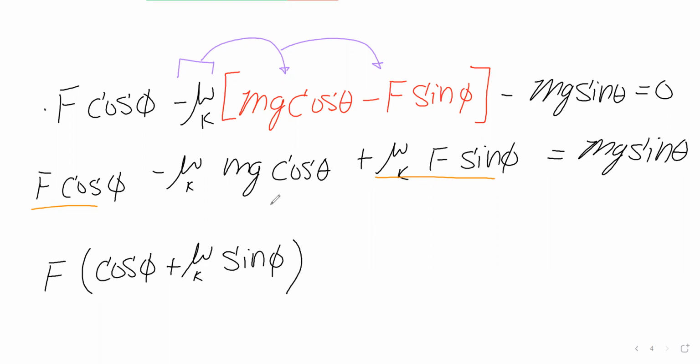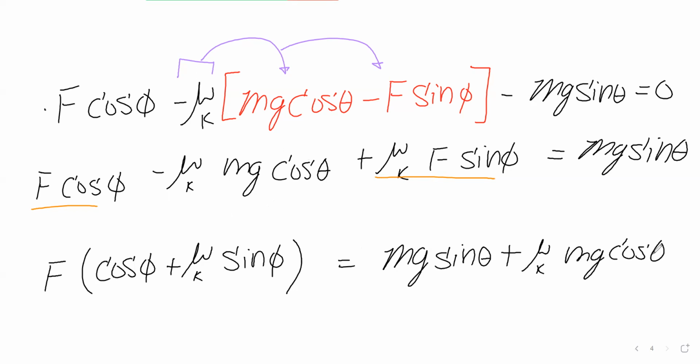And I'm going to add this term to the other side, because again, I want to move everything away from f. So I'll still have my right side plus my other term. Perfect. Now, once we divide both sides by the expression in parentheses, we have solved for f.